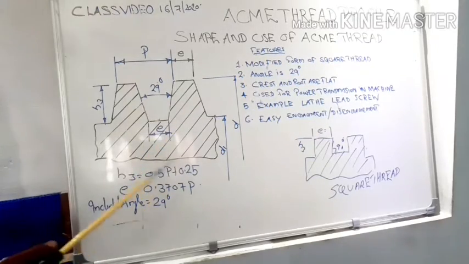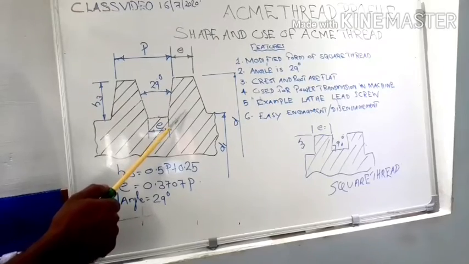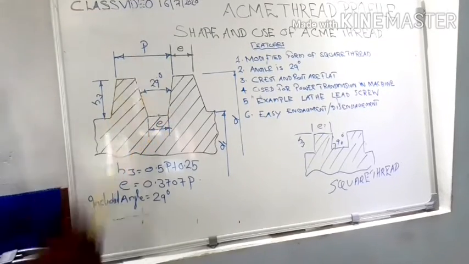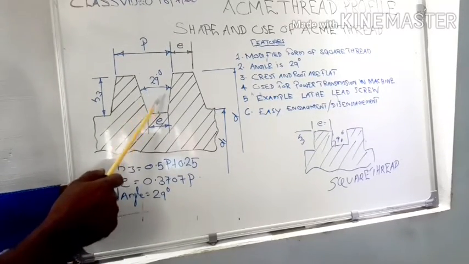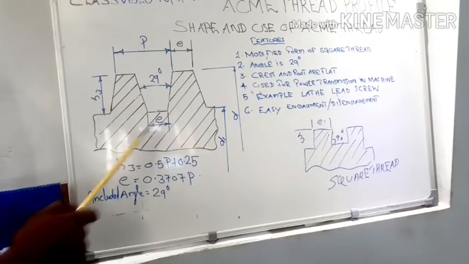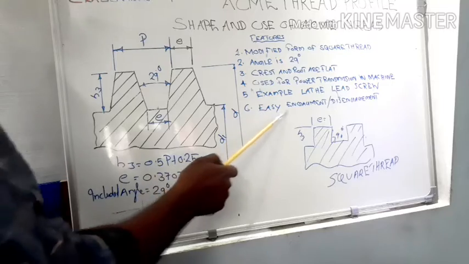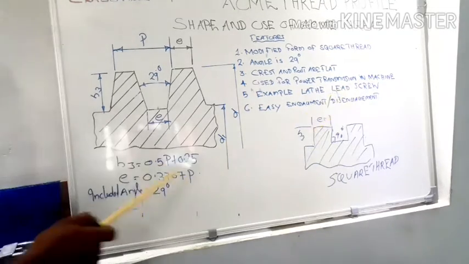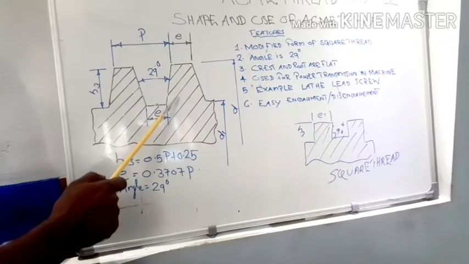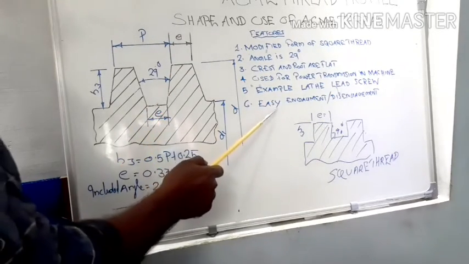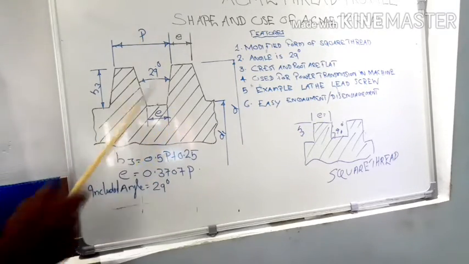In the case of a lathe machine, its lead screw is made with this type of thread, whose angle is 29 degrees, and it has an advantage: easy engagement and disengagement while in motion. With this thread, we can easily engage or disengage with a nut or bolt.